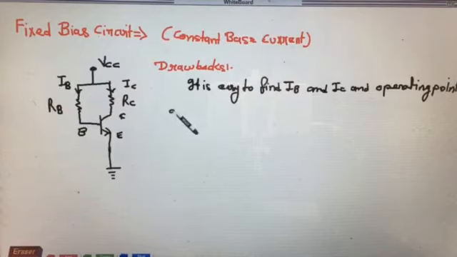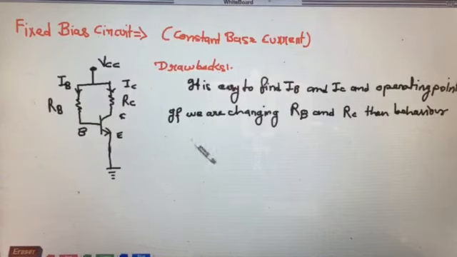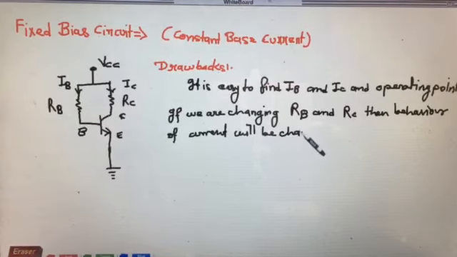That means if we change RB and RC, then the behavior of current will change, so the operating point will not be fixed.